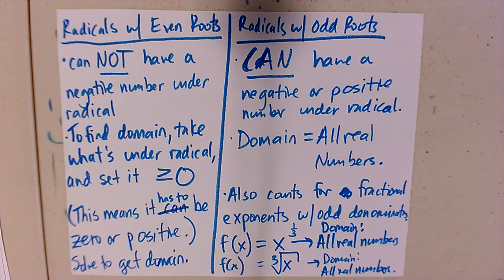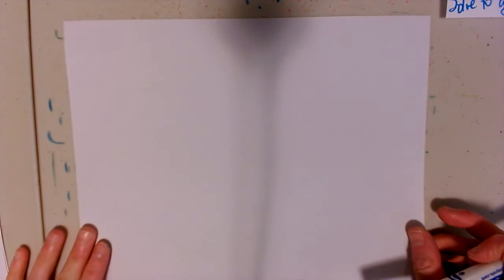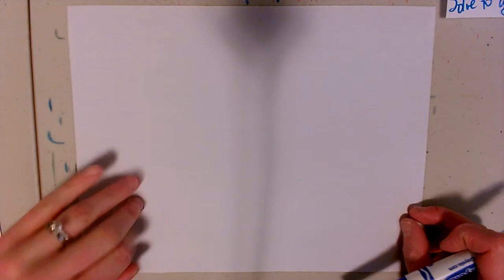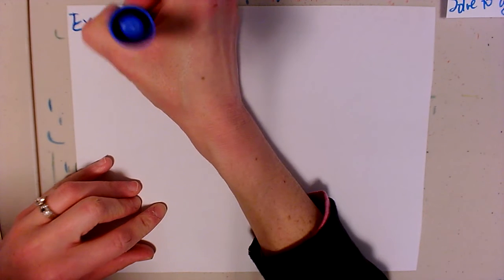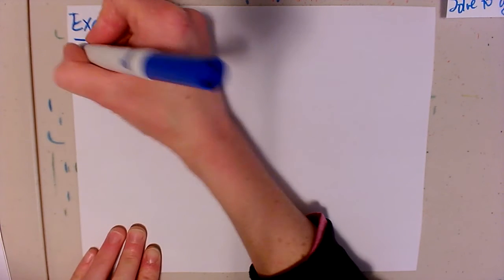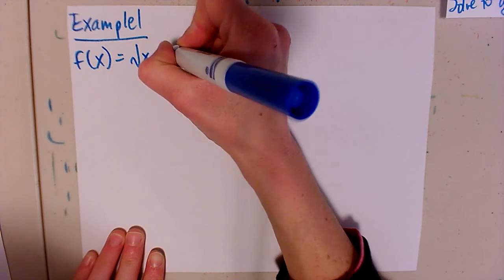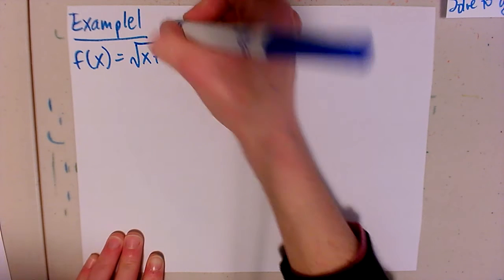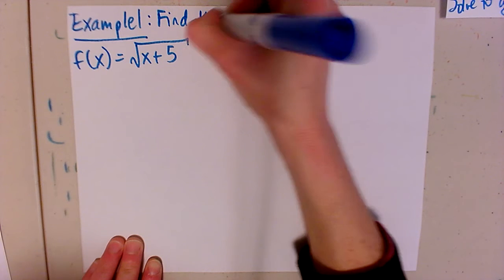So if your root is even, let's take a look at the example that's in your handout. The example in your handout is done out for you, but I'll just go through it. We have f of x is the square root of x plus 5, and you have to find the domain.